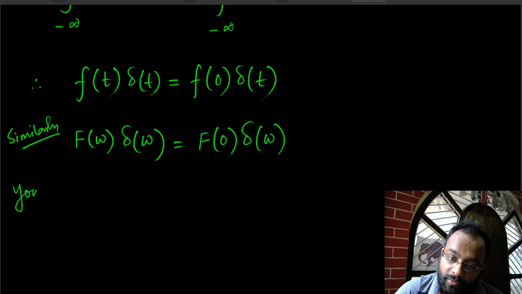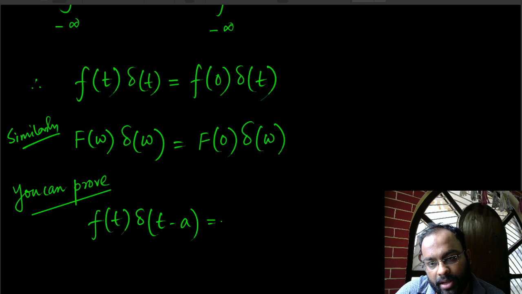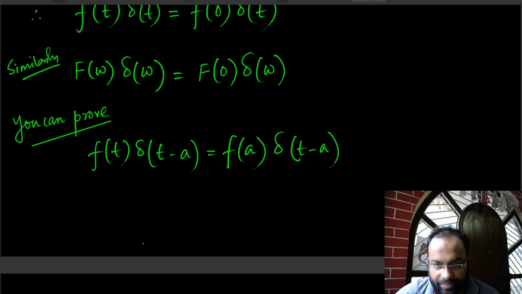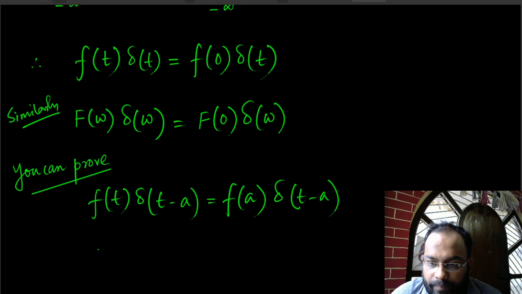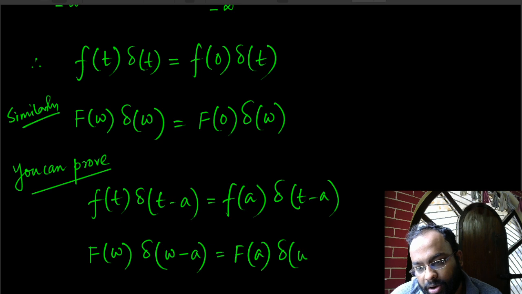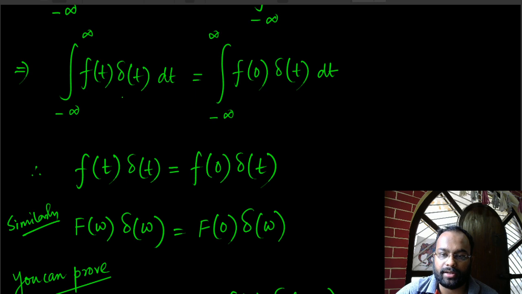Now you can prove in a similar fashion that f(t) delta(t minus a) is equal to f(a) delta(t minus a). And similarly, F(omega) delta(omega minus a) is equal to F(a) delta(omega minus a). The same thing, do the same integration here.